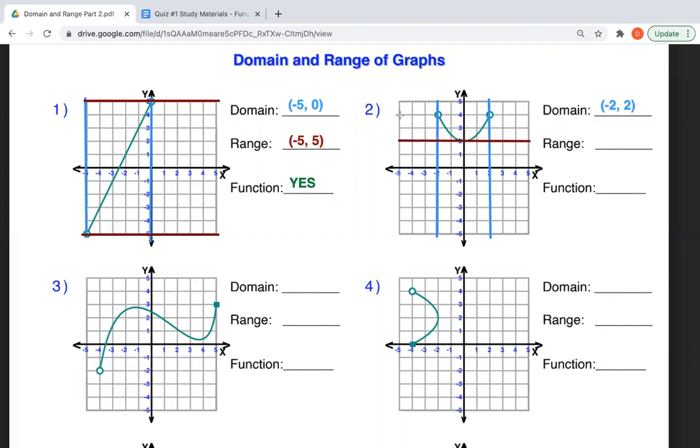The top at 4 touches an open circle and then another open circle, so that'll be a parentheses. Bracket 2, 4, parentheses. This one is also a function. I can draw that vertical line anywhere on this graph and it only touches one spot. So yes, function.